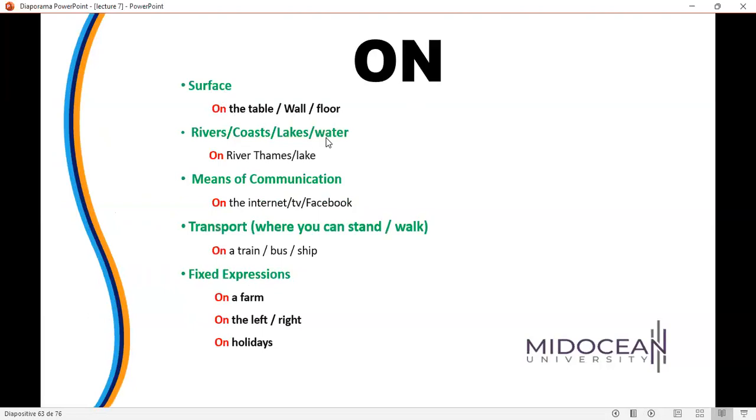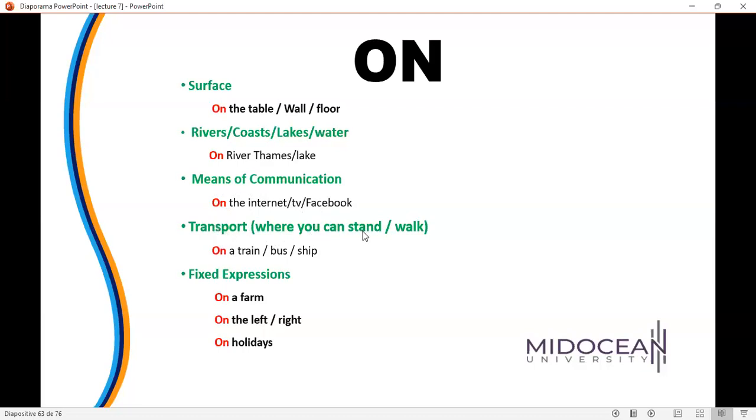Rivers, coasts, lakes, water. For example, on the river Thames or on the lake. Means of communication: we say on the internet, on TV, on Facebook, because all of these are means of communication, okay?